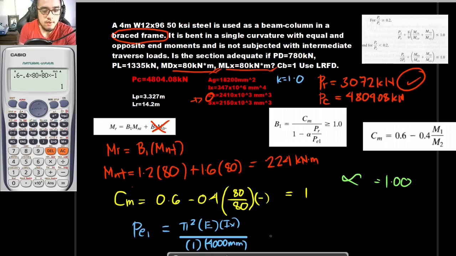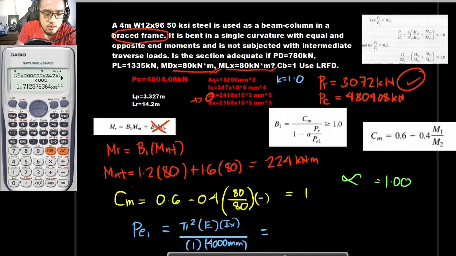Okay, so solving for this, our E is equal to 200,000, our Ix is equal to this. Ewan ko nababasa nyo, but it is equal to 347 times 10 raised to 6. So pi squared times 200,000 times Ix, 347 times 10 raised to 6, divided by 4,000.